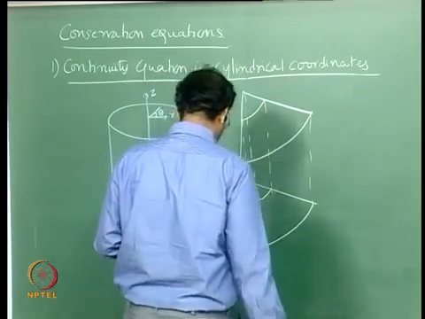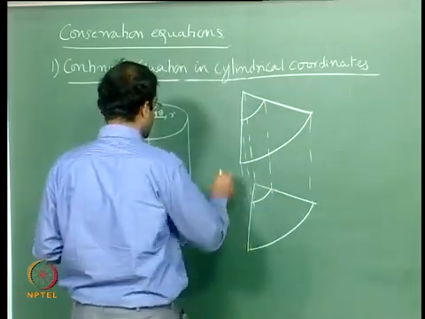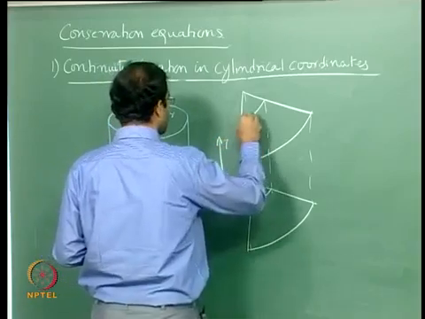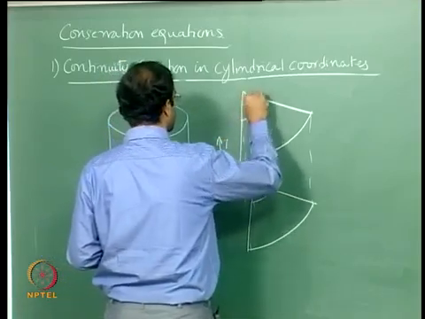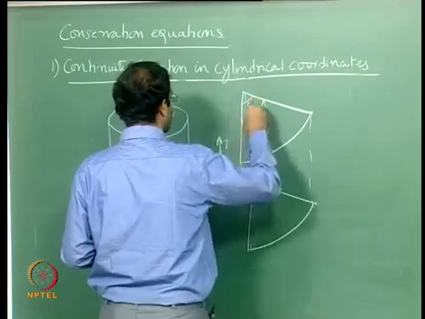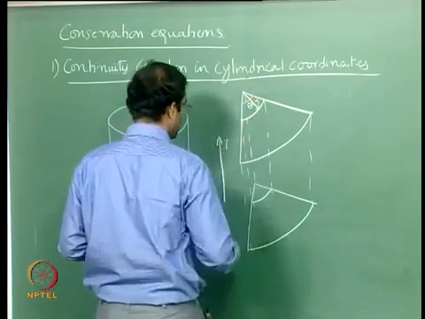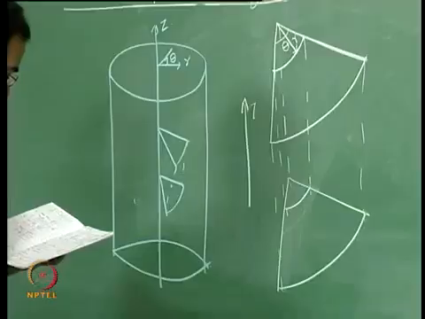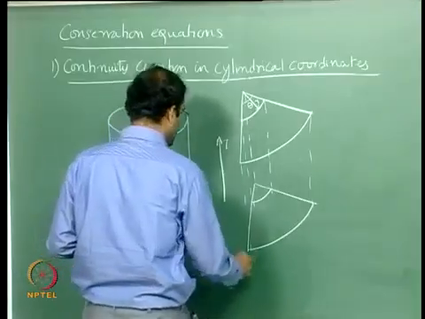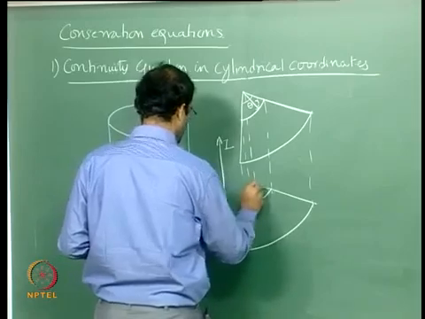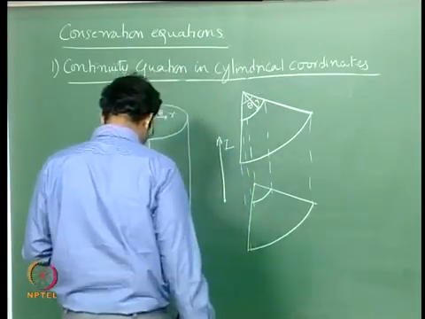So now you have the three directions. This is your z direction, this is your theta direction right here, and this is your radial direction. So we will start from the bottom. The coordinate system can be assumed to start from the bottom right here. This is your origin.